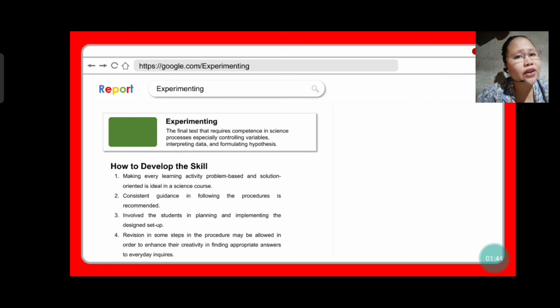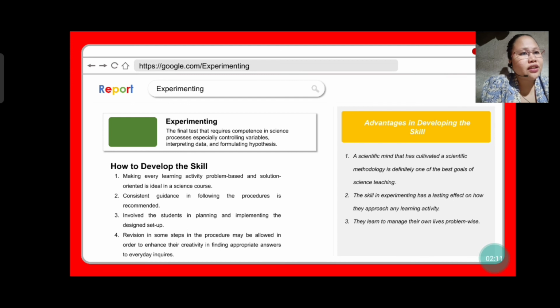And fourth, revision of some steps in the procedures may be allowed in order to enhance their creativity in finding appropriate answers to everyday inquiries. So, some of the procedures can be revised instead of following all of it, basta kay maka-produce gihapon sila og accurate nga result.